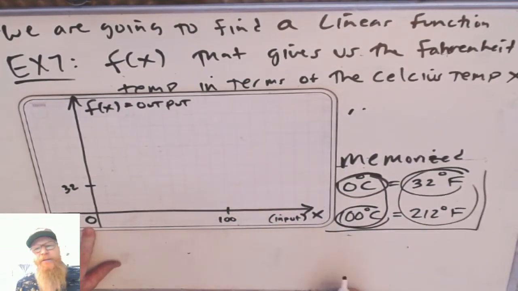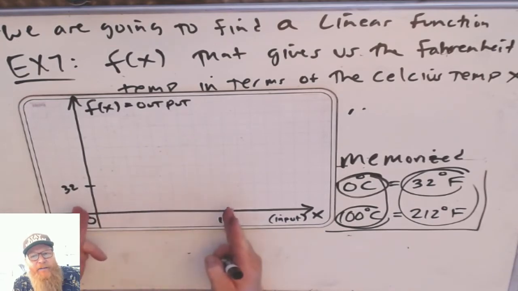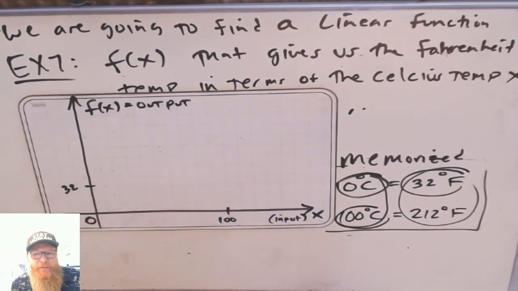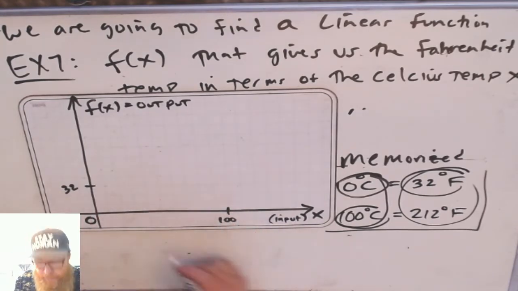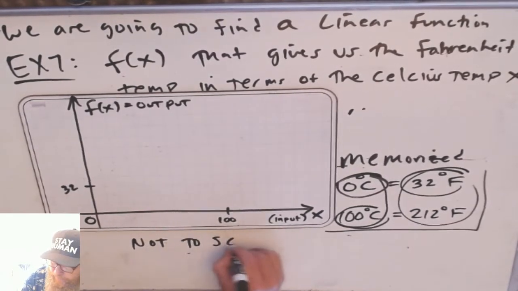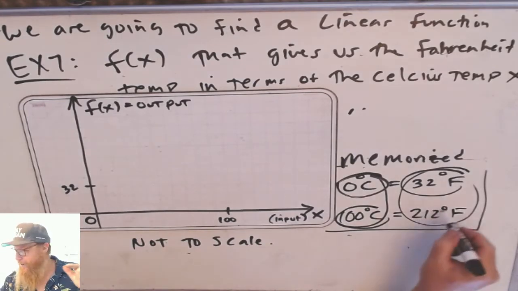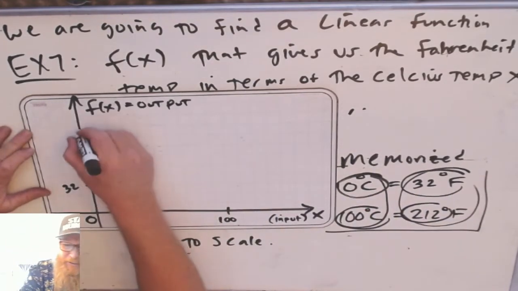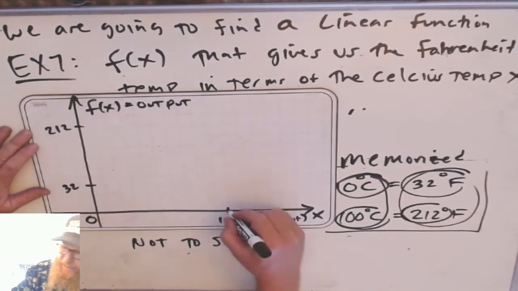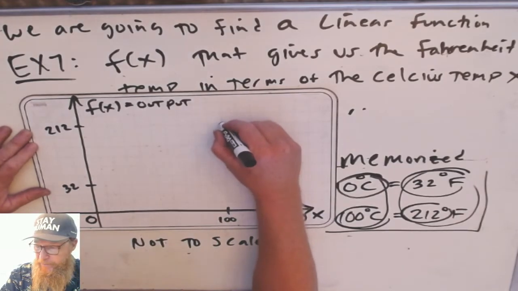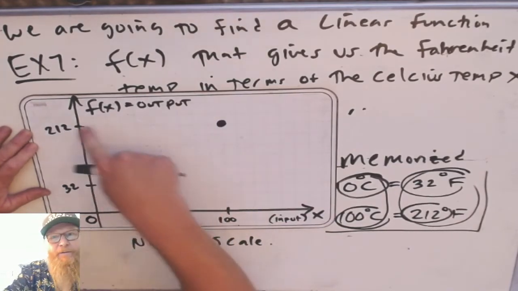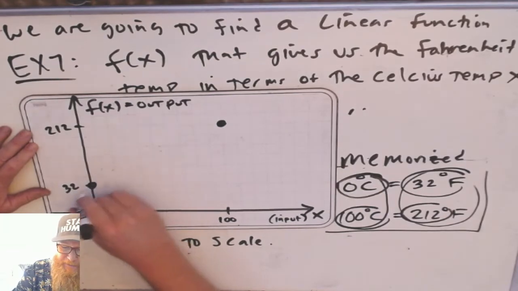Again, I just want to make it look like 100. I'm not really counting to 100, so again, not to scale. And then 212, I'm just going to make a mark and call that 212. All right, so I've got 2 points.